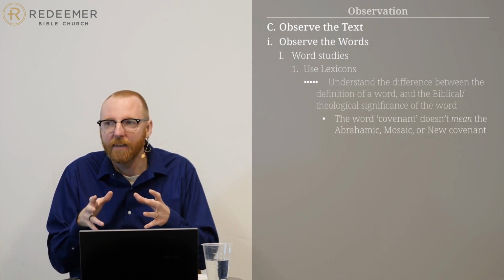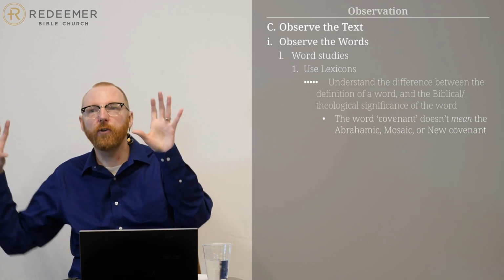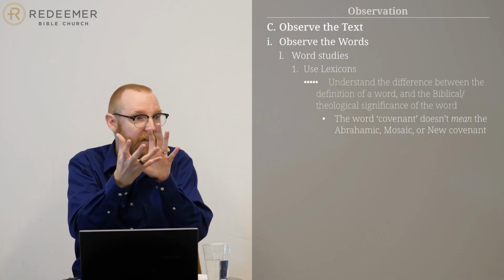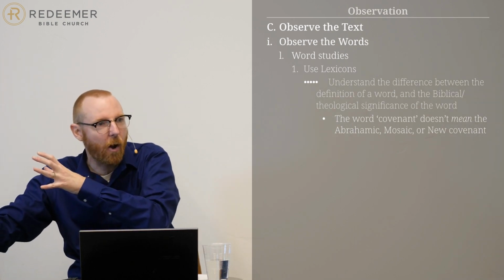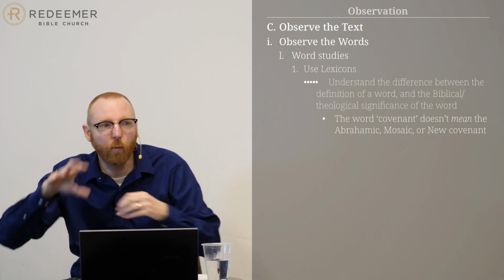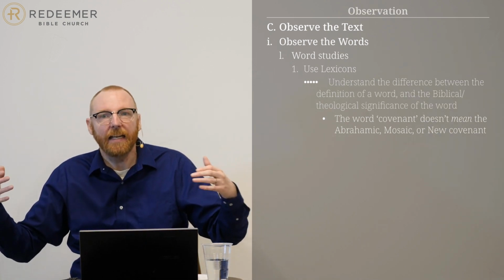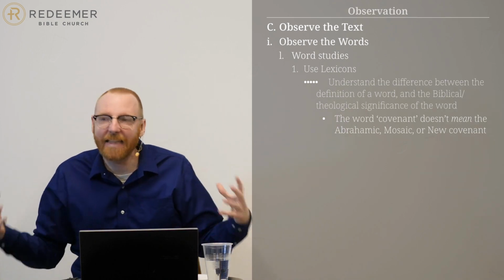The danger is that you could read the Abrahamic covenant back into the word covenant, and then when that word is used somewhere else, you import that freight into that context. Does that make sense? So the word covenant just means a covenant. In a certain context, it could be referring to the Abrahamic covenant, but it doesn't mean that.